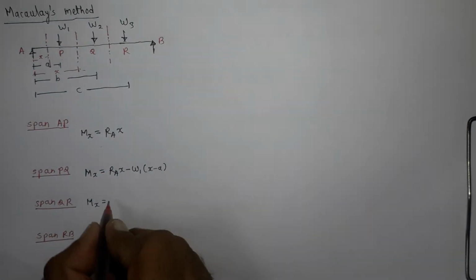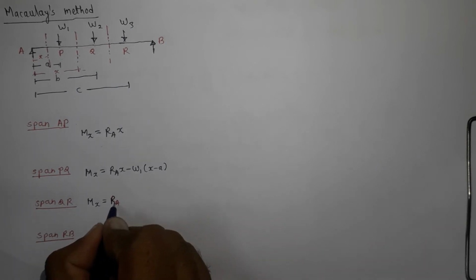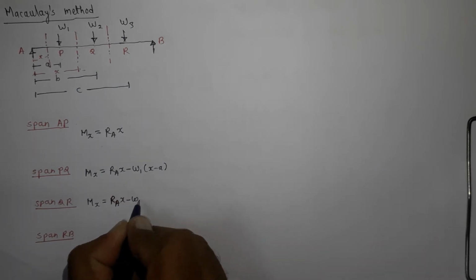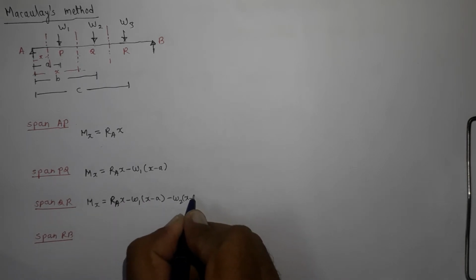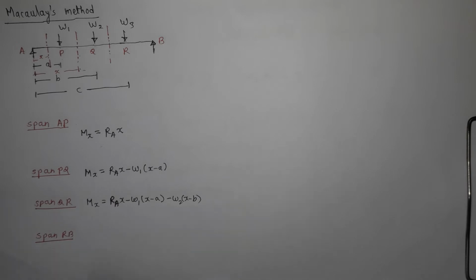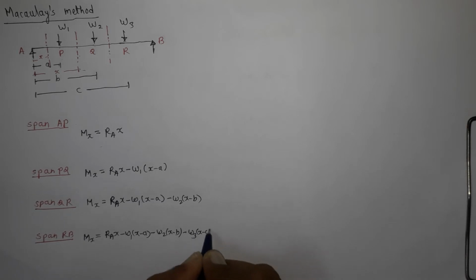So the moment expression will become Ra into x minus W1 into x minus A and minus W2 into x minus B. And similarly, if I deal with the fourth subspan, that is RB, the bending moment expression is equal to Ra into x minus W1 into x minus A minus W2 into x minus B minus W3 into x minus C.